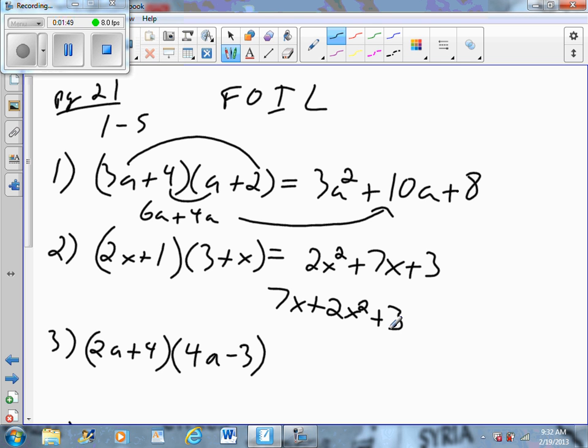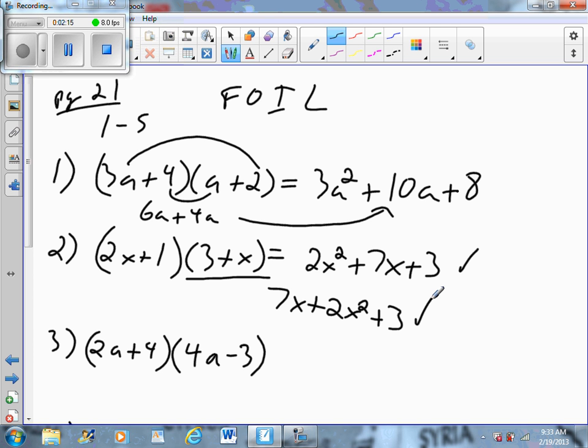If this expression had been x plus 3, it would have been a little bit different, I think. But it's not. So you did the FOIL method, you collected your terms, 2x squared ended up in the middle, and the order of the terms is not going to affect the accuracy of the answer. If I knew the value of x, these two expressions are going to come out to the same number.